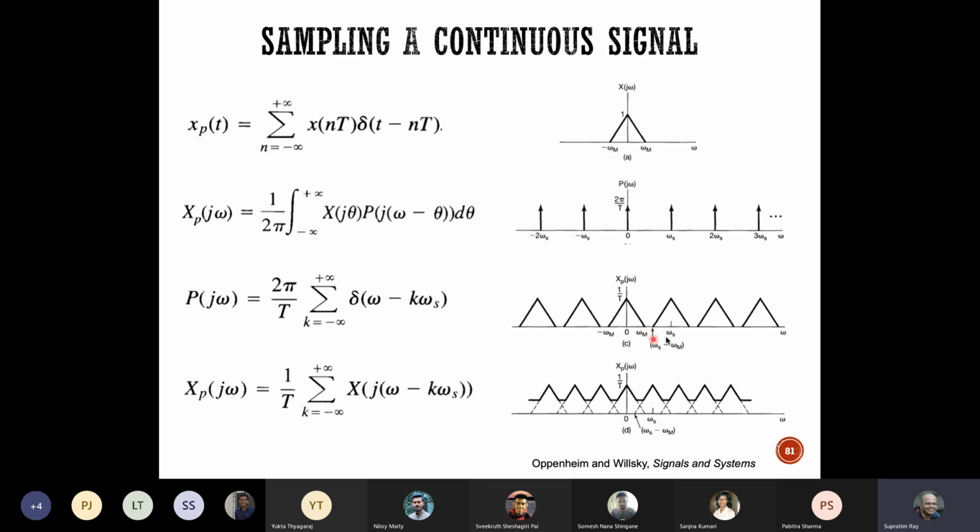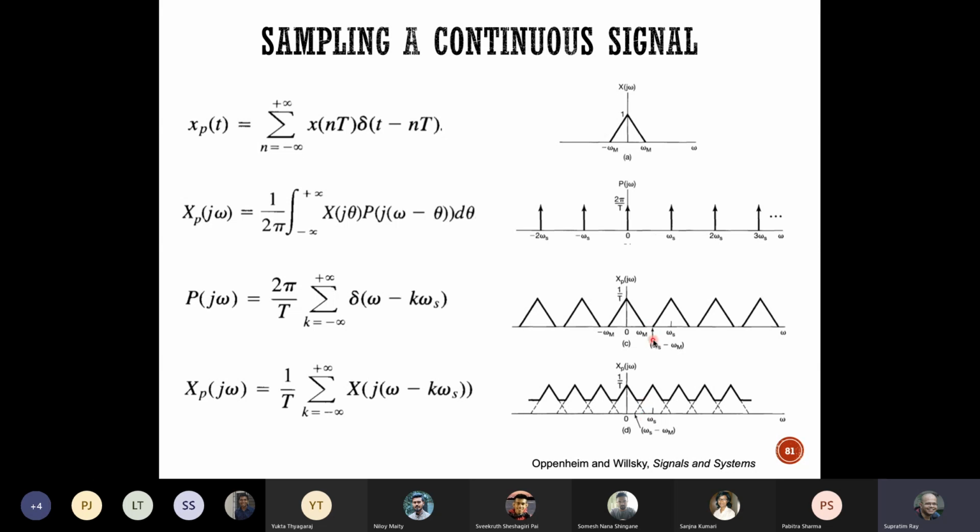Okay, and if you're sampling fast enough so that omega s is more than twice omega m, then there is no aliasing. Here there is some aliasing in which the two lobes interfere with each other, or basically cross each other.